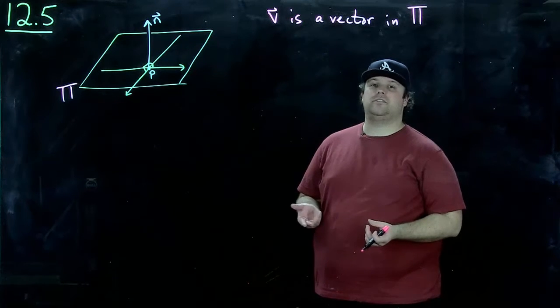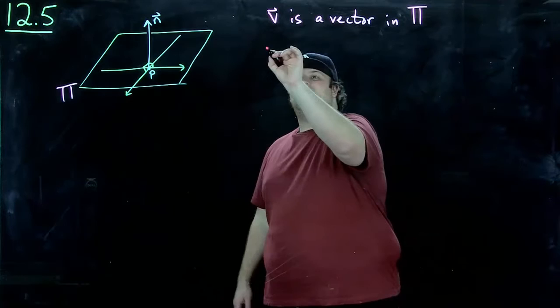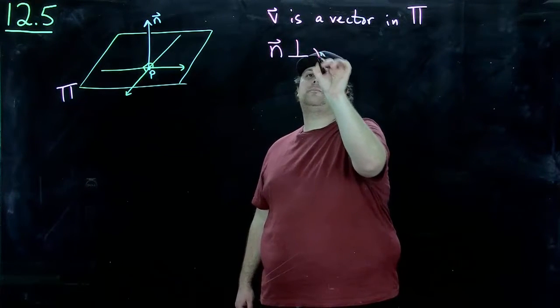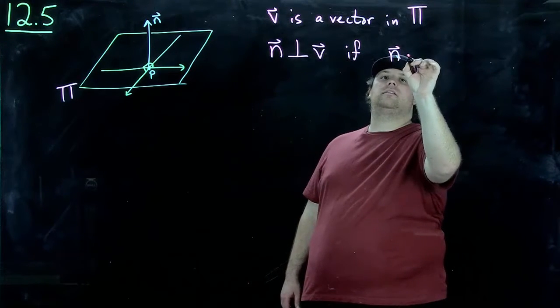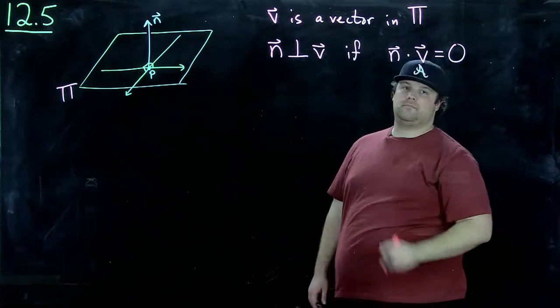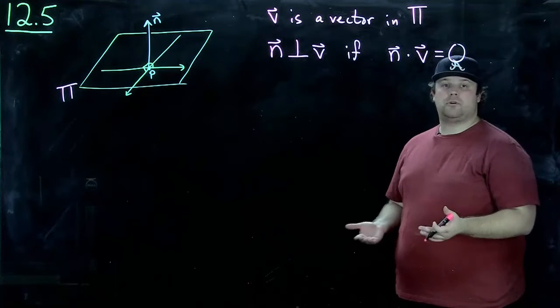Two sections ago, you should have seen something called the dot product. And we know that n is perpendicular to v if n dot product v is 0. Right? So that's how we can check if two vectors are perpendicular.